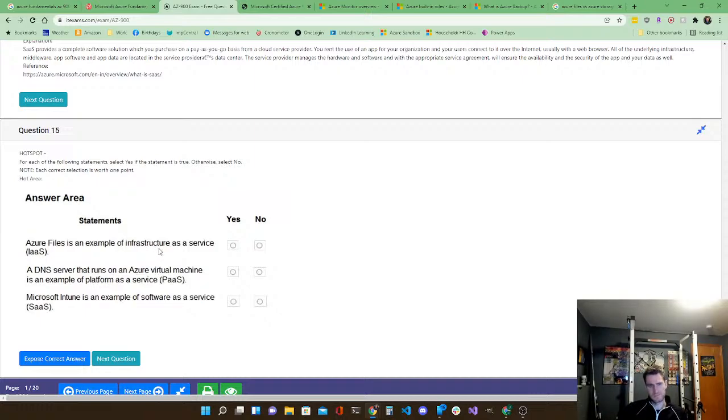I guess, what is storage? Because you're not talking about the compute part of it. It is kind of like software as a service where you give it the files and then it handles everything else.